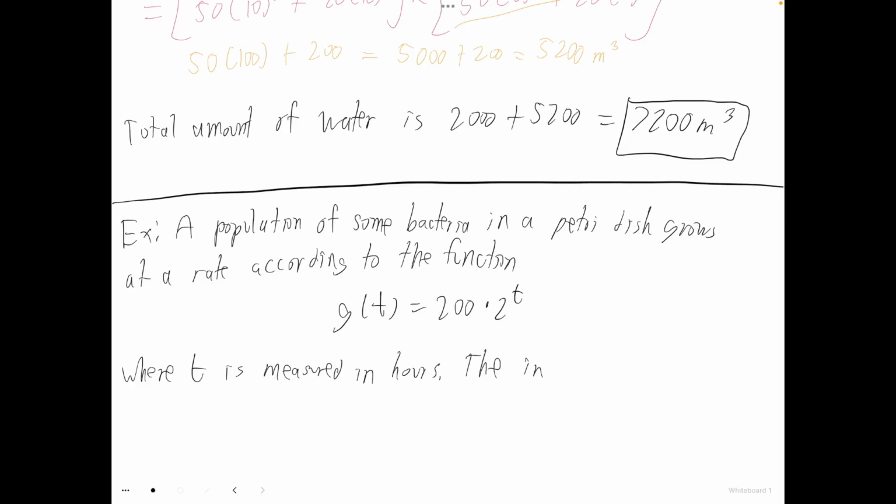The initial population is 1,000. So we start out with 1,000 bacteria.